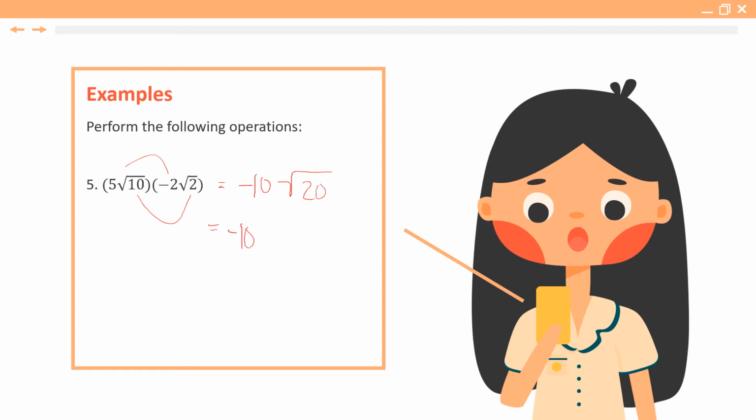Factor out 20, we would get 5 times 2 times 2. And we can take out 2. So we have negative 10 times 2, square root of 5. So our final answer would be negative 20 square root of 5.